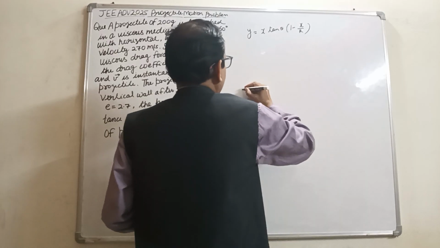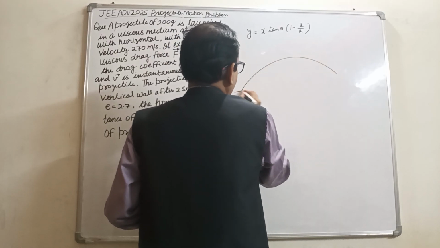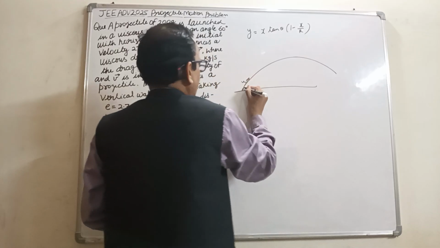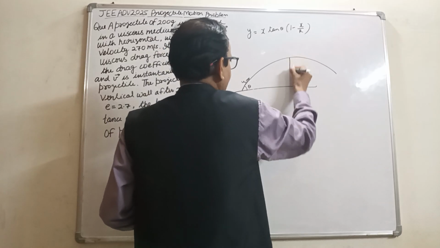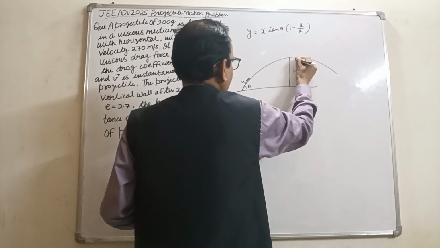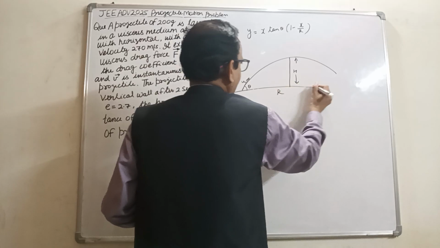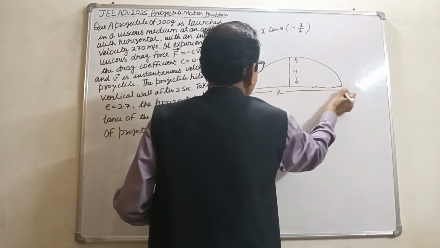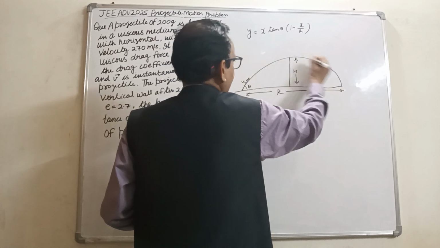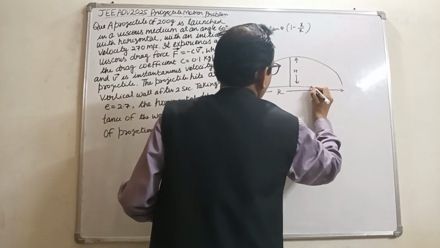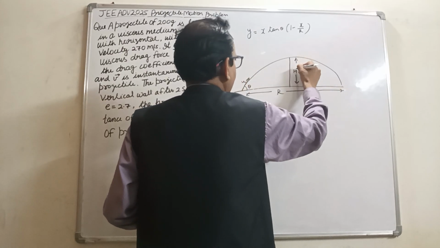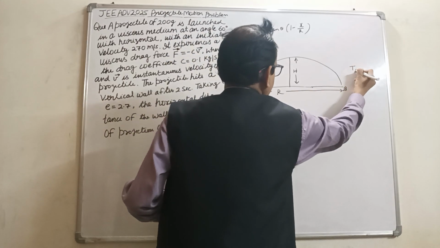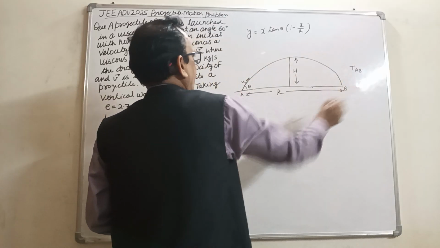Suppose this is the initial velocity u at angle theta. Then this height would be the maximum height, this would be the range from here to here, and the motion from A to B is the time of flight.